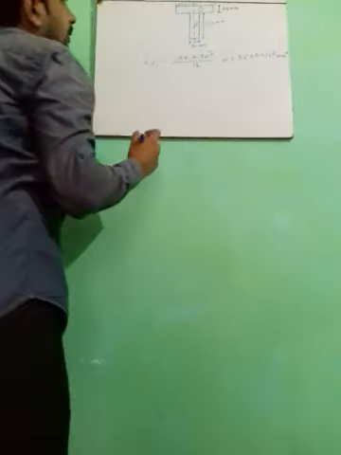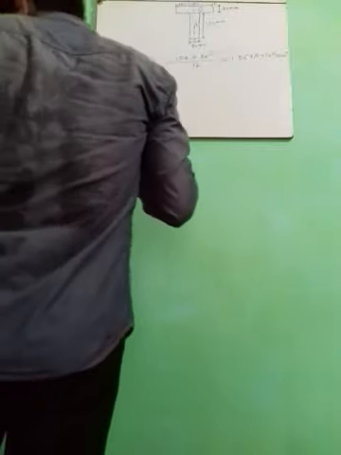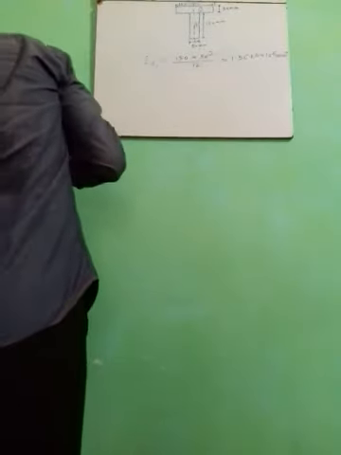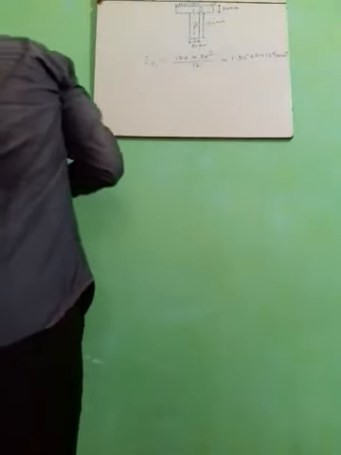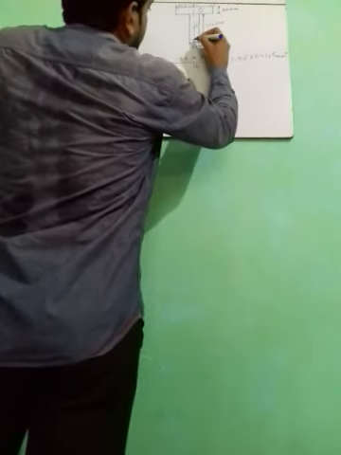So the distance from the CG of this section to the actual CG will be as follows.